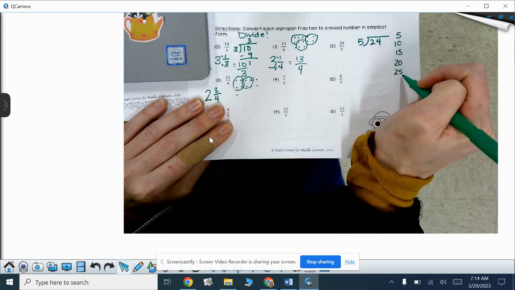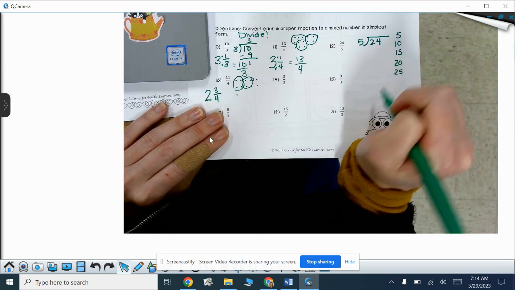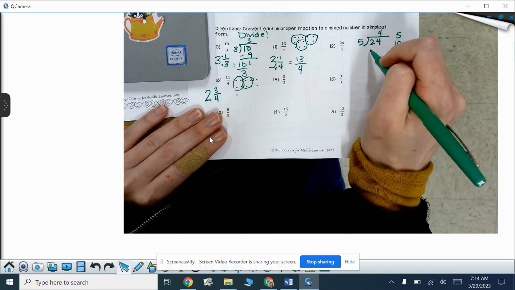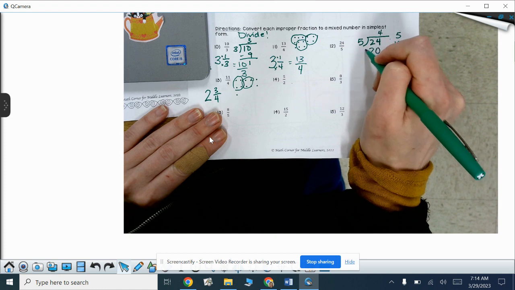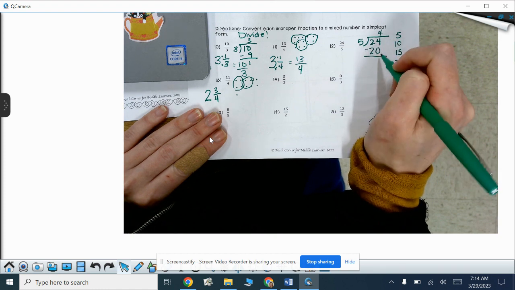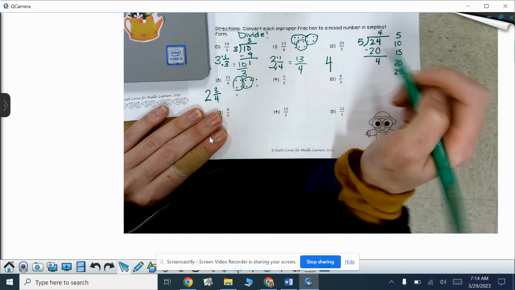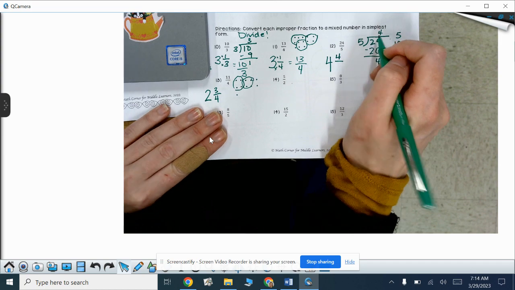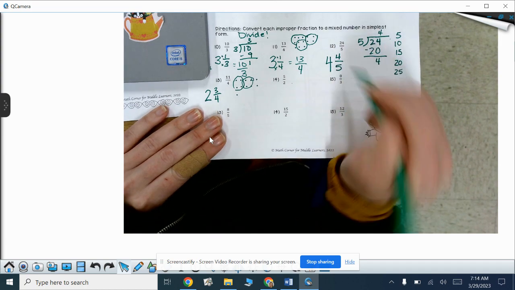Boop, too far. 1, 2, 3, 4. 4 whole times. 5 times 4 is 20. 24 minus 20 is 4. So 4 is my whole number. I have a remainder of 4 right here, and my denominator stays the same.